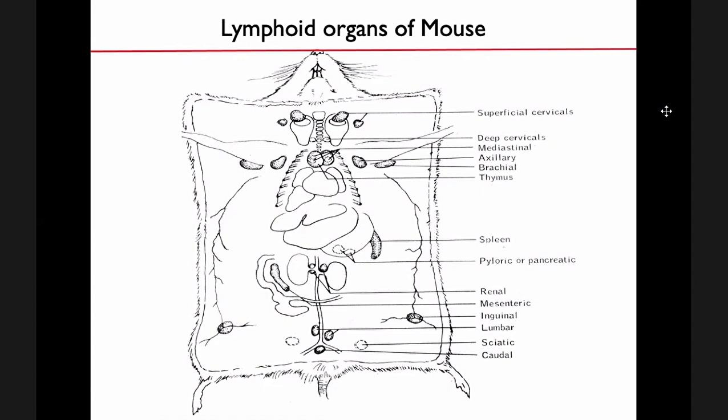However, after some time, some of these cells also tend to migrate to other locations, and this is called a diaspora effect. Okay, so don't worry too much about all these things as of now. This is just to give you a picture that there are so many different types of lymphoid organs you can find even in mouse, which is used for investigating your immune responses, right?